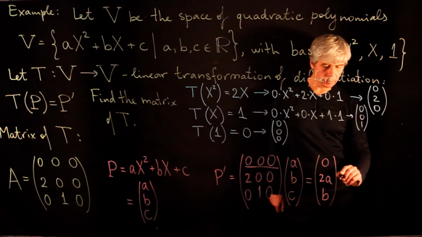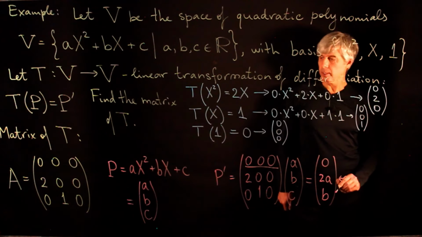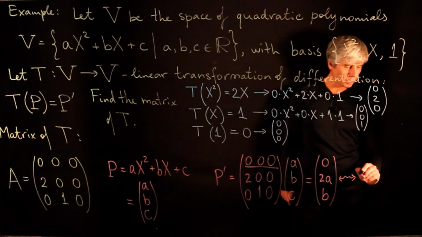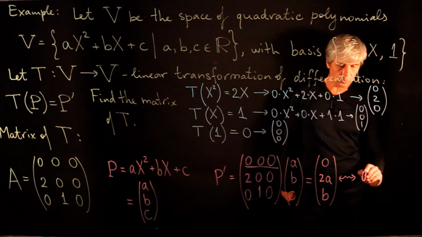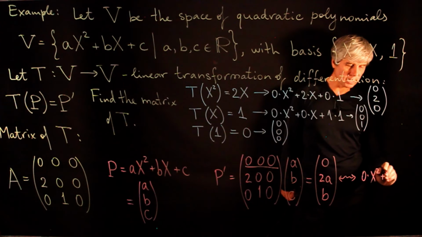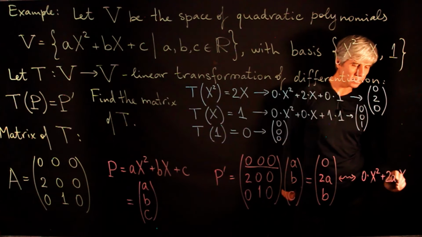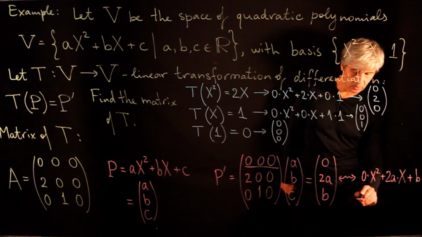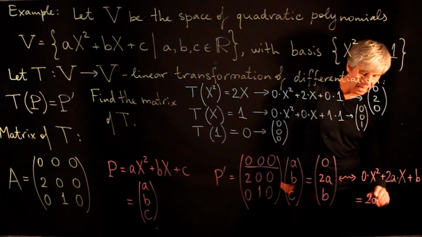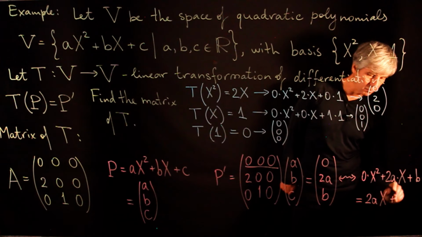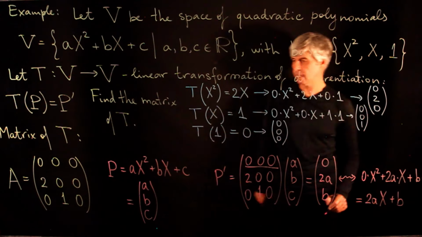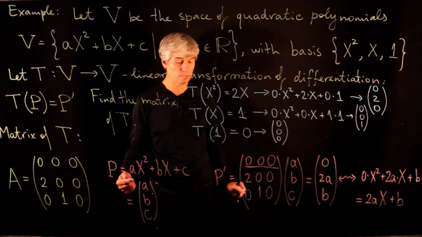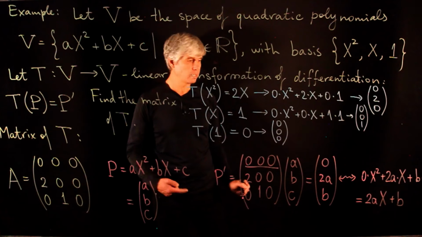And now, again, using our isomorphism with R3, this is interpreted as 0 times x squared plus 2a times x plus b times 1. So this is 2ax plus b, and that's exactly the derivative of this polynomial.